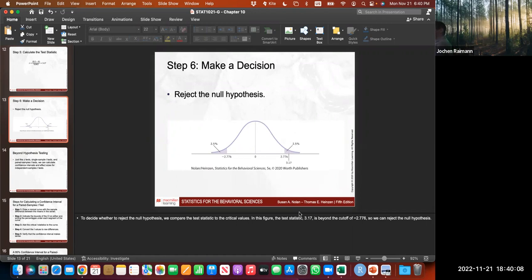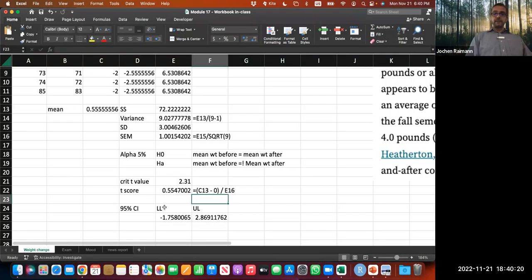If our 0 is contained within the 95% confidence interval, we basically have a null hypothesis that we need to accept. So that's confirming our insights from a t-score that is smaller than our critical value. Any questions on that? Was that clear?